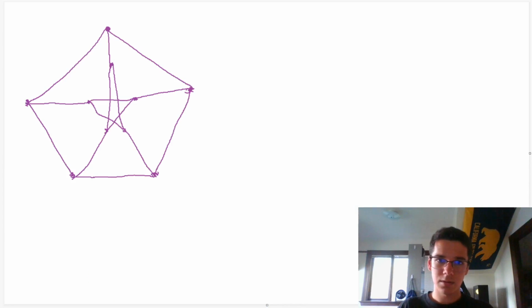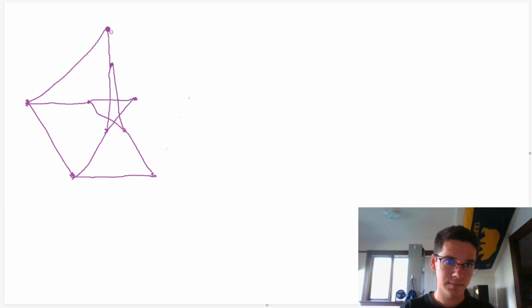So again, in order to show that this graph is non-planar, all we have to do is show that it contains either K5 or K3,3. In this case, we're going to show that this graph contains K3,3, and we're going to do that by removing these edges and vertices right here. Just look at a subgraph of this graph.